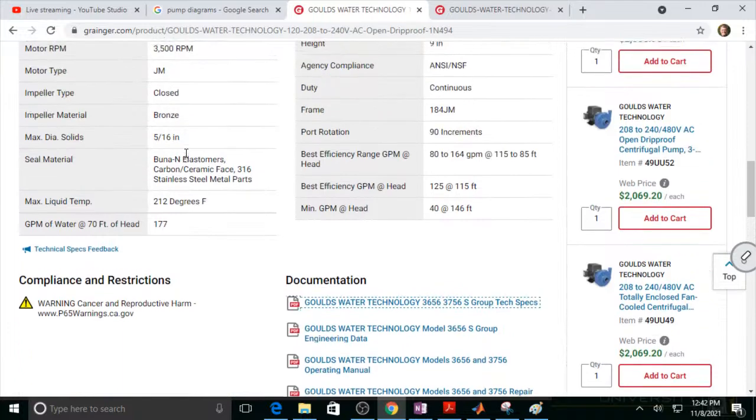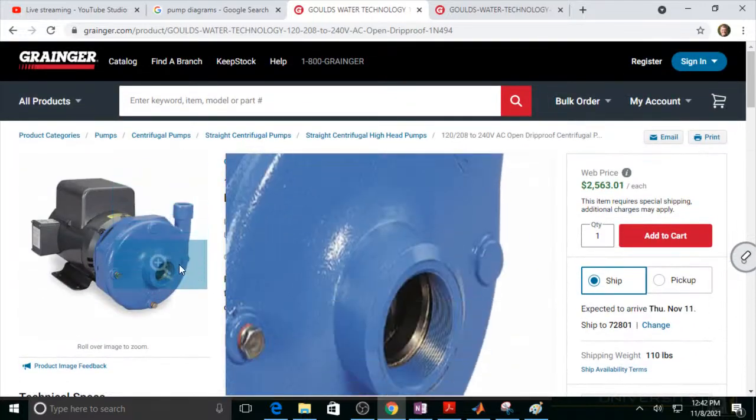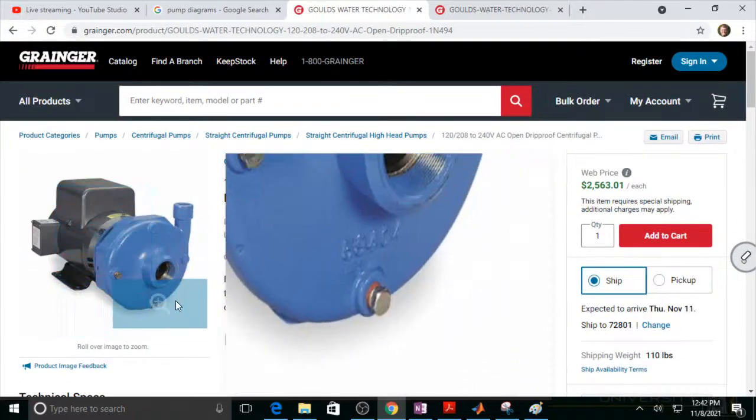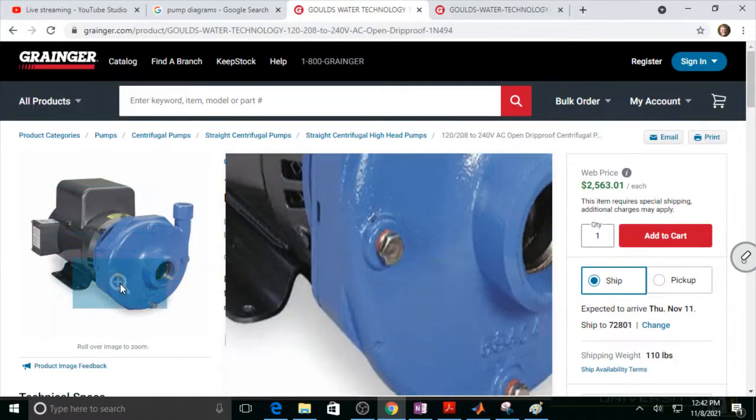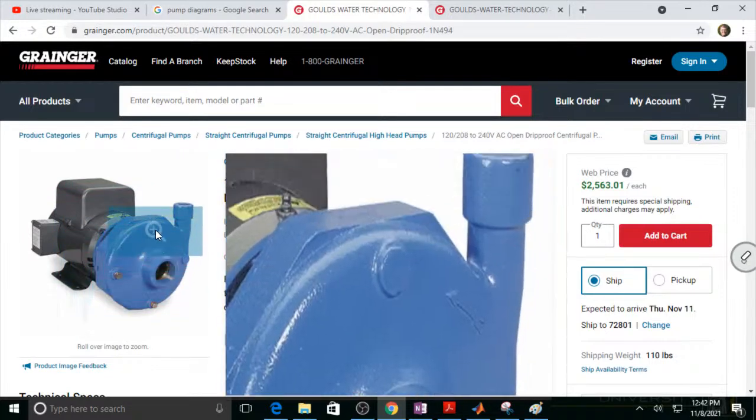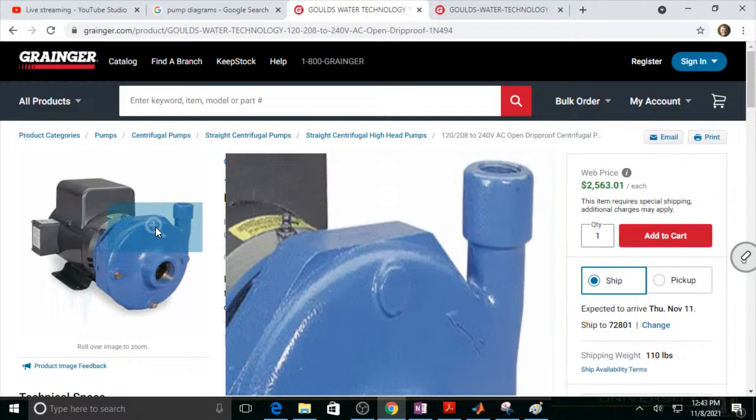So most of these pumps should have some type of diagram like that for an engineer to actually use. You don't just buy a pump and put it on a line. You'll find that it is the most finicky thing you could ever imagine. You buy a good pump and you think it's going to work, and it might not do a thing, or it might just bubble your water out and not give you anything.